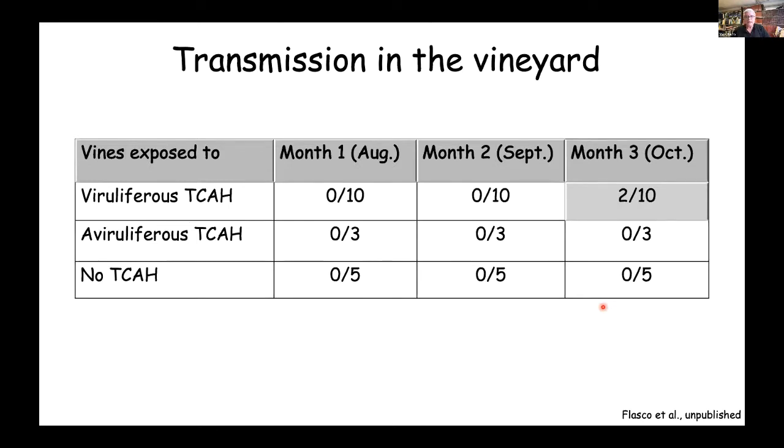We continue monitoring these vines to see how the virus from the caged shoots is moving throughout the vine, and how red blotch disease symptoms evolve over time. And I can tell you, I'm still waiting, as we speak today, for these infected vines to show disease symptoms. That has been more than a year after we detected the presence of the virus in these shoots.